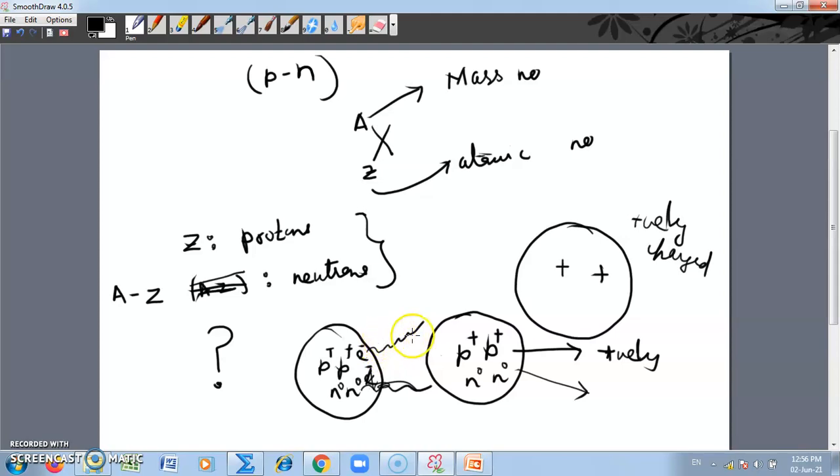But for beta emitters, the electrons are created at the time of emission. That means a proton and a neutron do not always remain a proton and a neutron. If I take the proton out of the nucleus, yes, it's a proton.